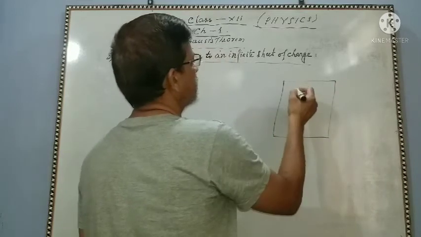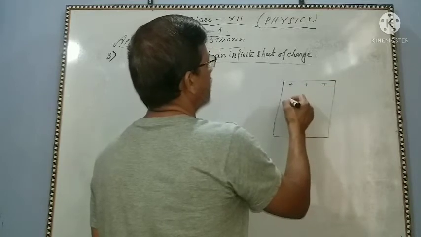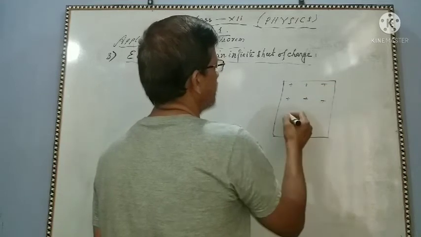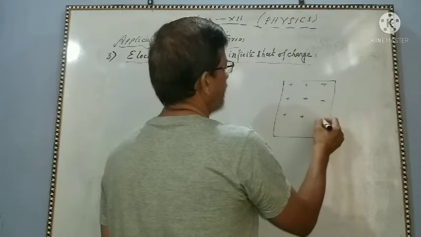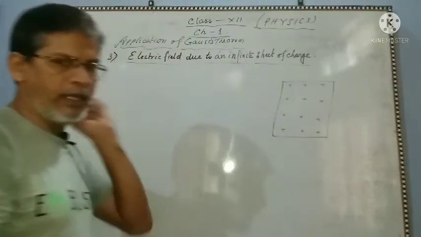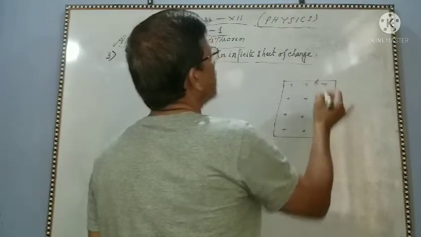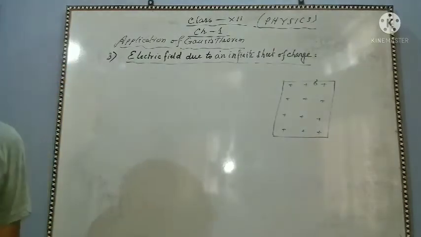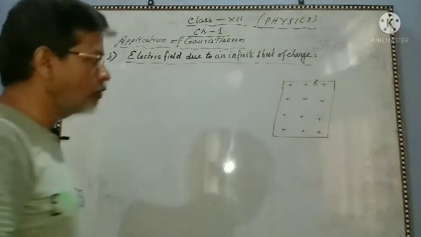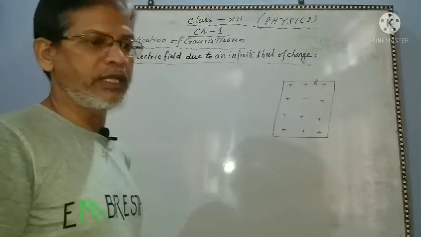This is a plane sheet. We have taken this as positively charged, with surface charge density sigma. Now we take a Gaussian surface, a cylindrical Gaussian surface.